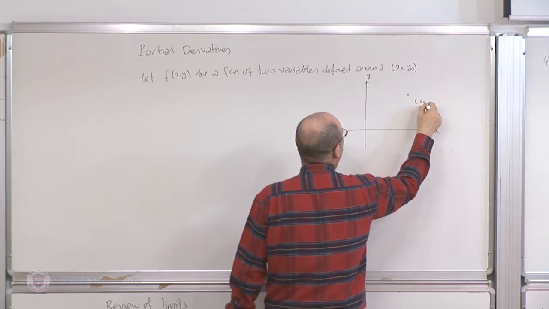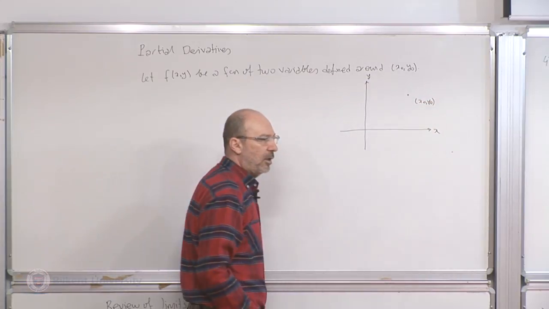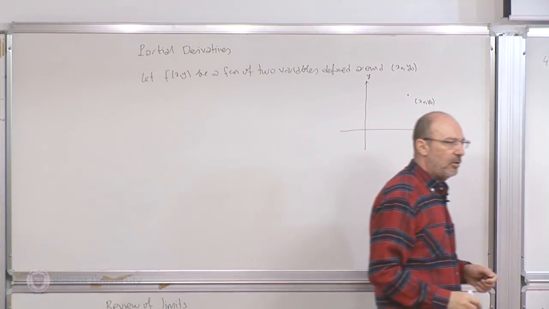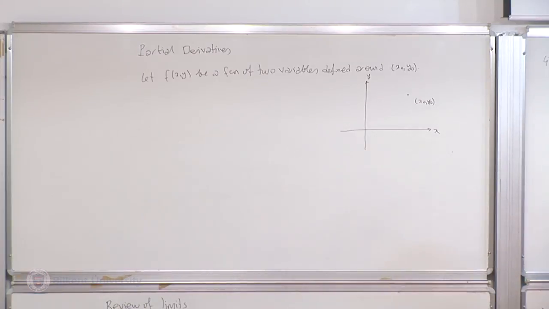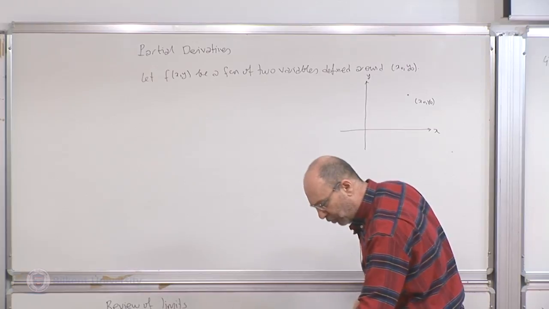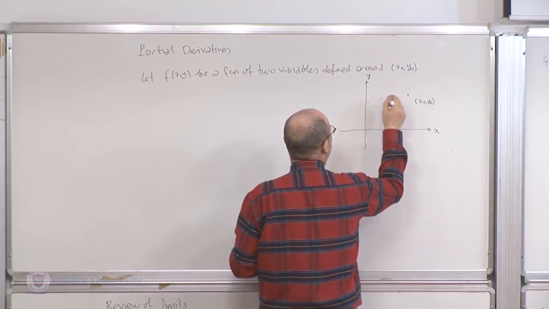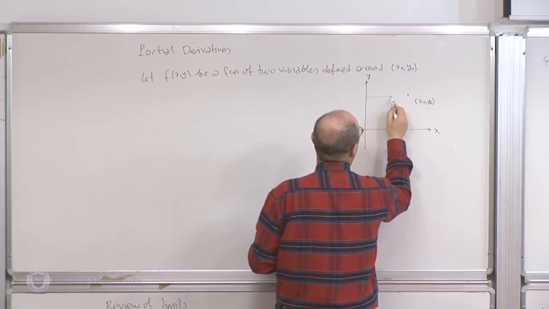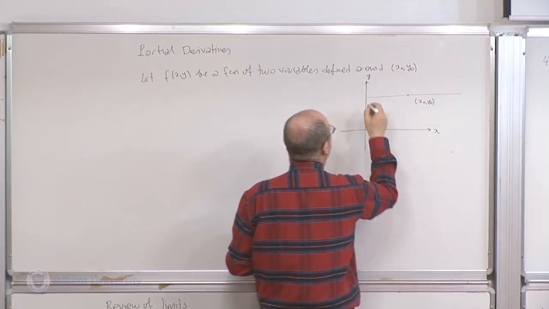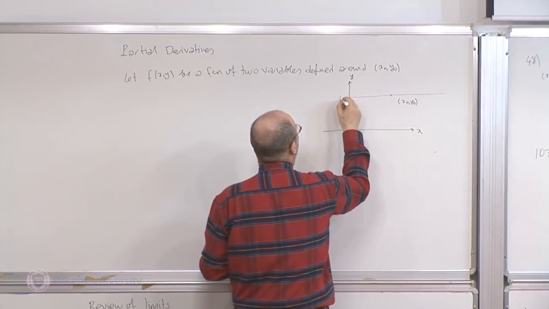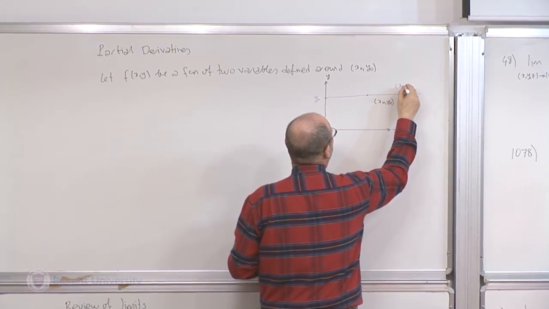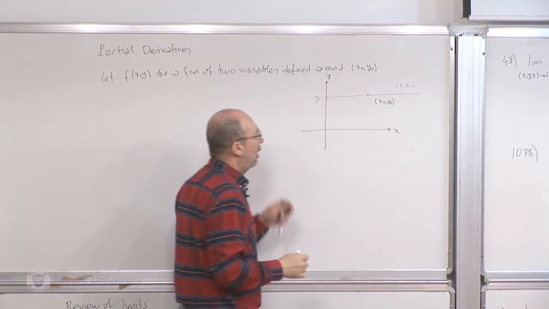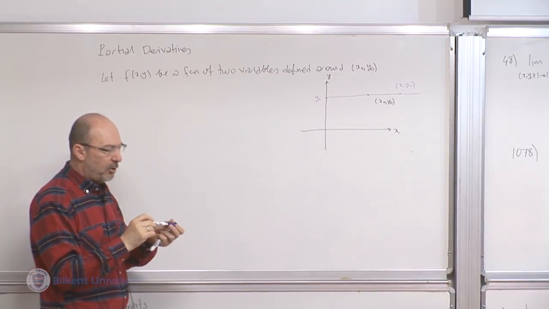I'll try to write it like this. Okay, so the function is defined around there. So when I fix y, for example, okay, so let's use this. Suppose we fix y. Okay, that means we are looking at this one. So this is the point y_0. Any point here is of the form (x, y_0). Okay, that's the line y = y_0.